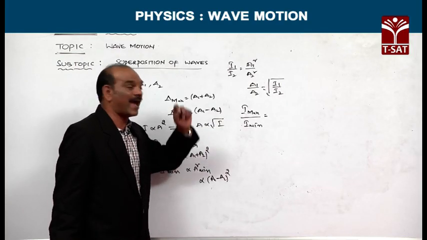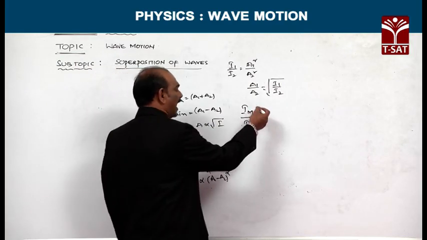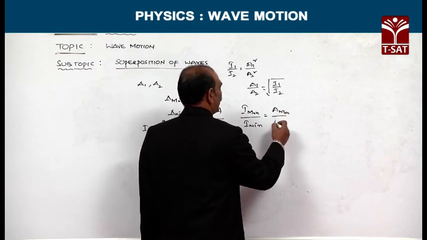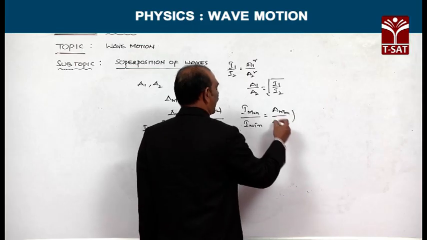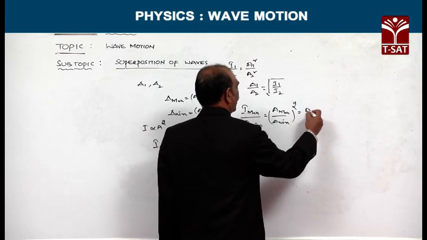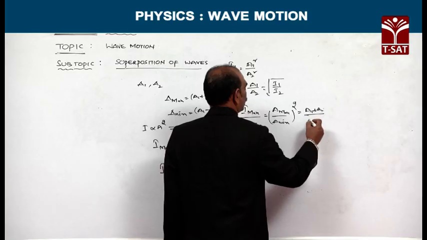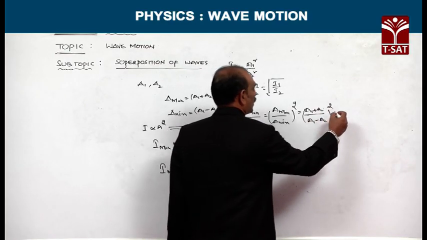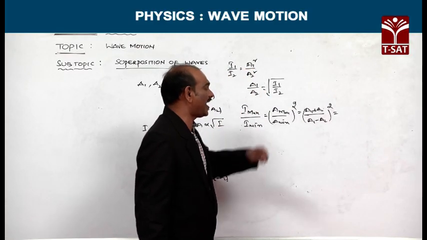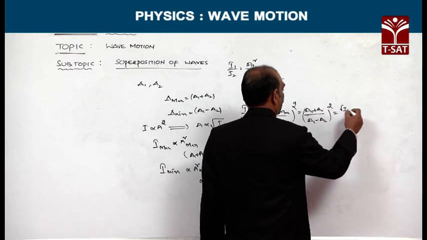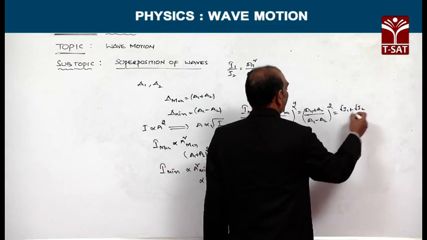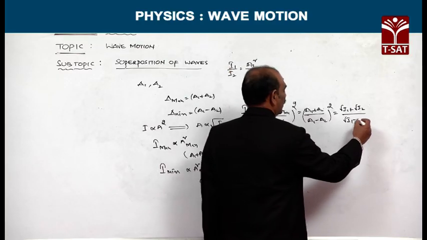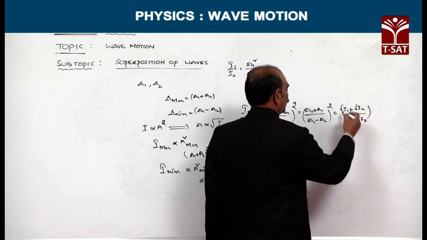Now the ratio of maxima to minima intensity, I max by I min, is nothing but A max by A min square, that is A1 plus A2 by A1 minus A2 square, which is also equivalent to replacing A1 by root I1 and A2 by root I2.